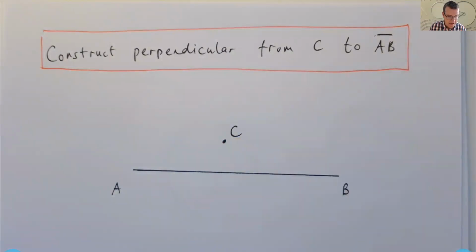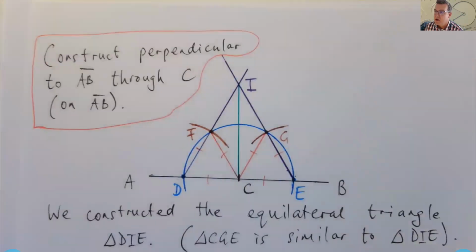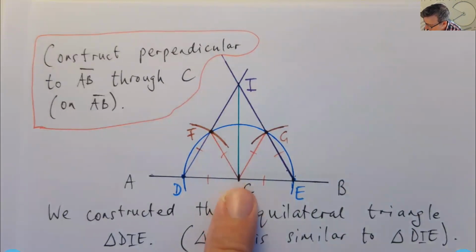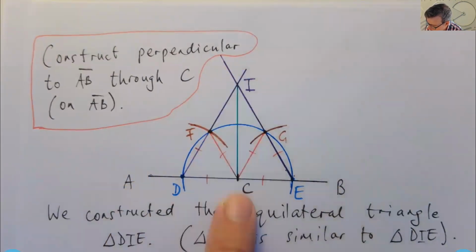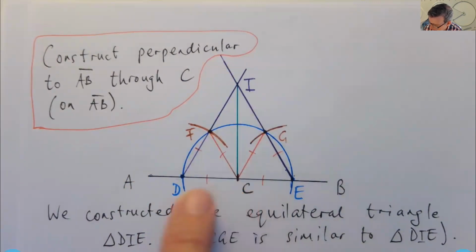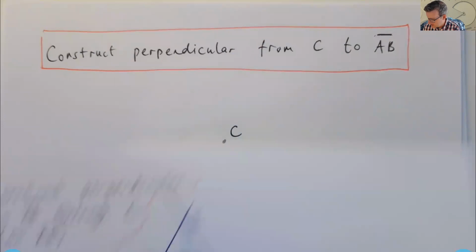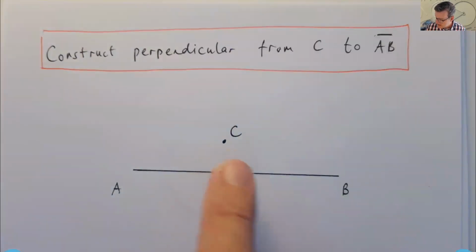the line segment AB. Now, in my previous video, we had the point C on the line AB, and we had to construct a perpendicular to that point C. Okay, that's also on the line. Here it's slightly different. C is no longer on the line.